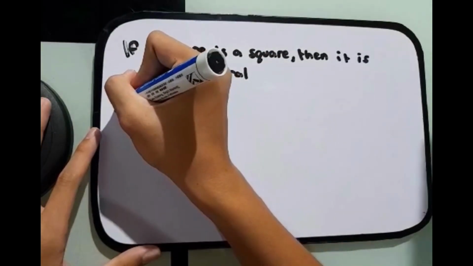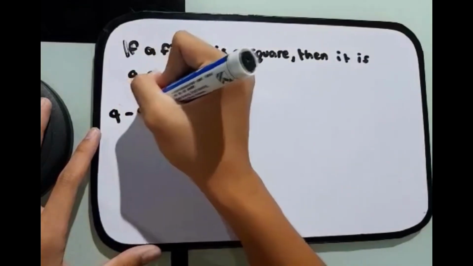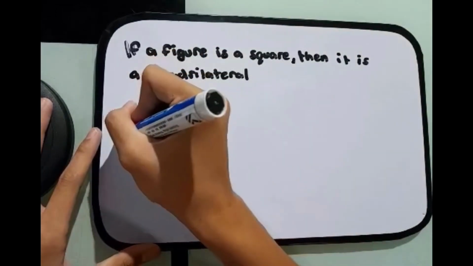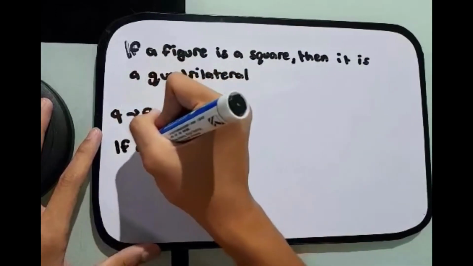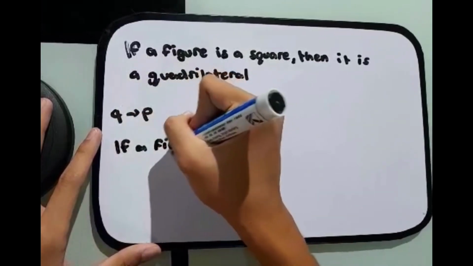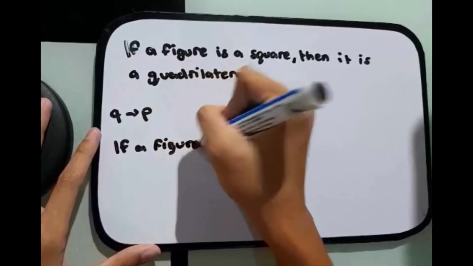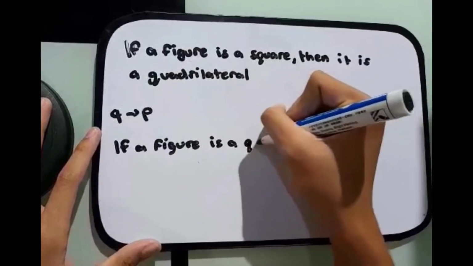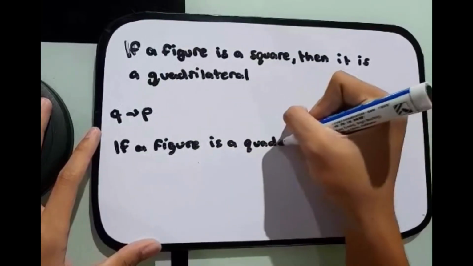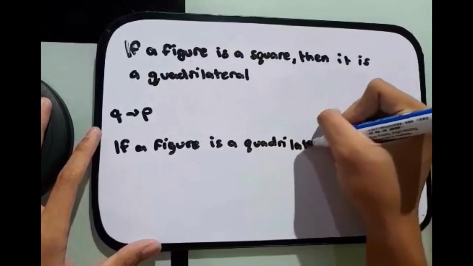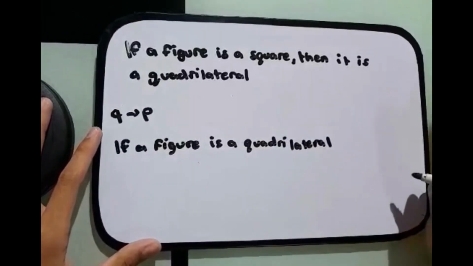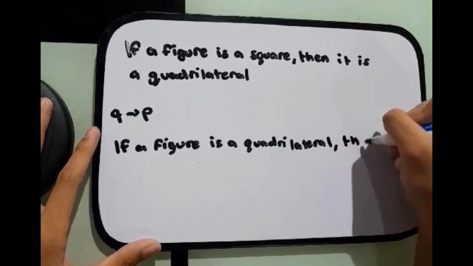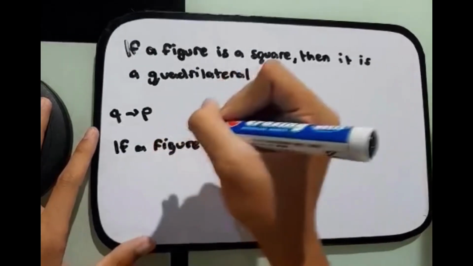If Q, then P. If a figure is a quadrilateral, then it is a square.